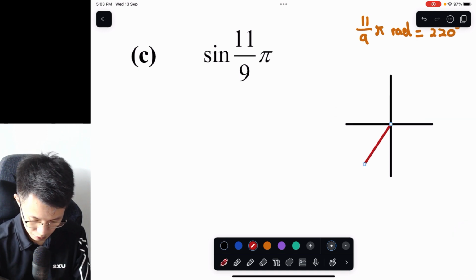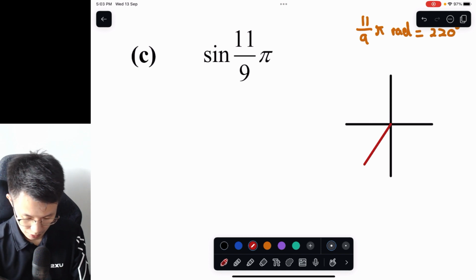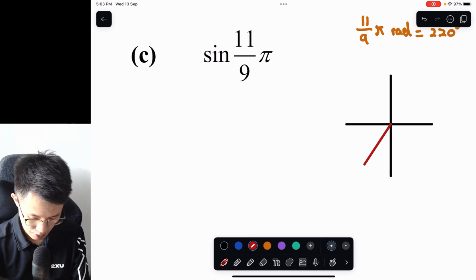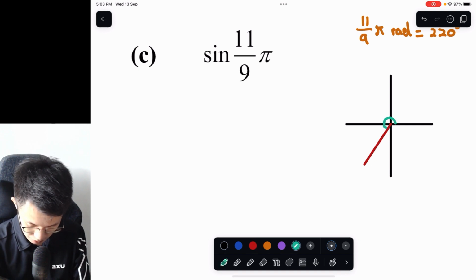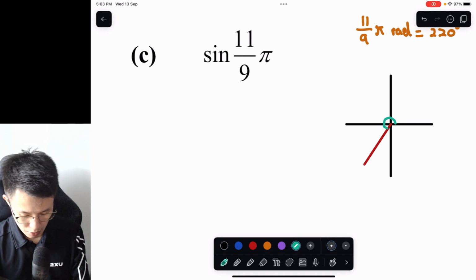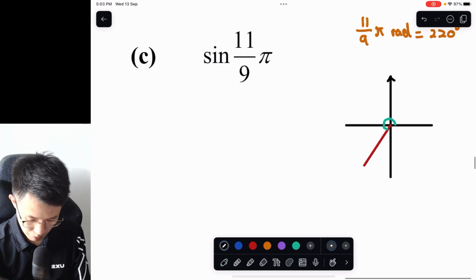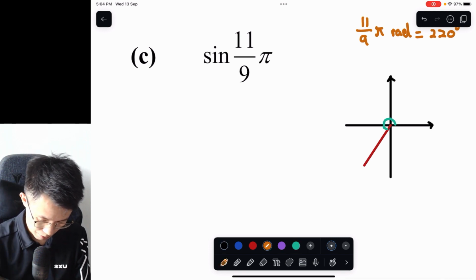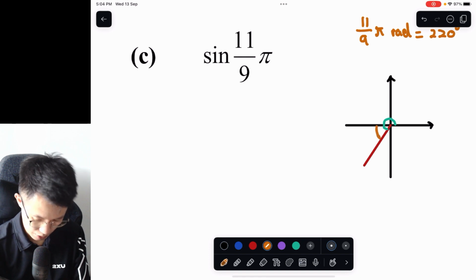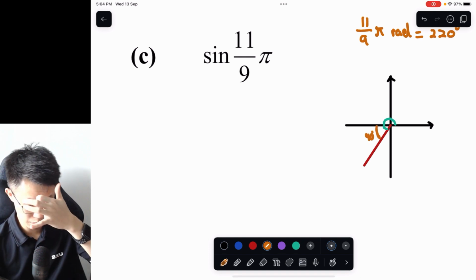So this falls back to your understanding about all this again. Now 220 degrees is in fact 180 degrees plus 40 degrees. So this angle we're looking for is here. This is a 40 degree angle.